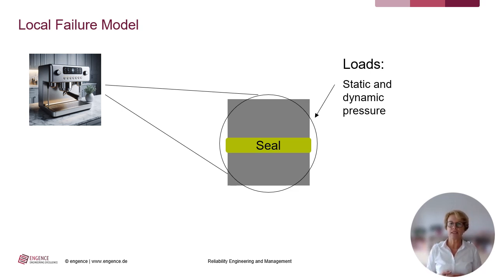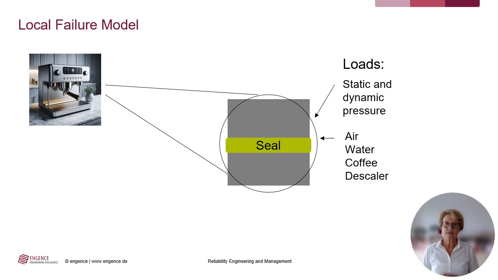They are caused by the internal pressure of the liquid in operation or just by forces resulting from the assembly in the pipes. It is also in contact with air, water, coffee, and descaling agents. These media cause chemical changes in the seal material.